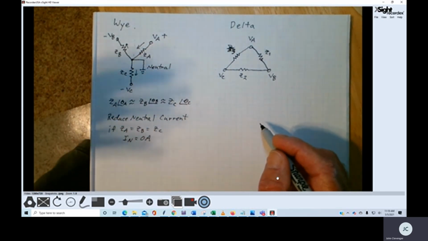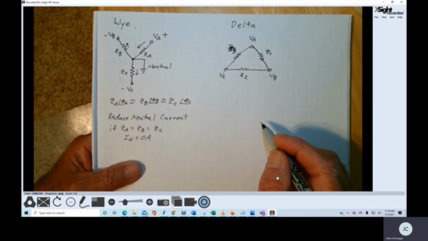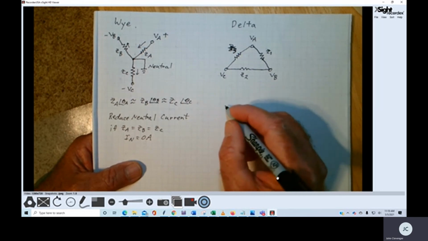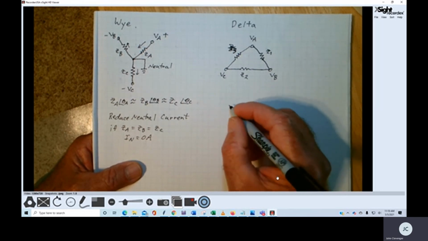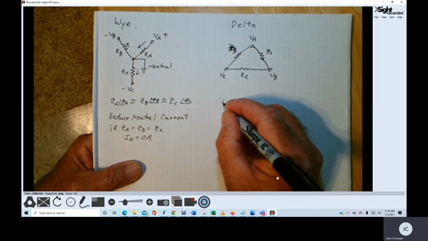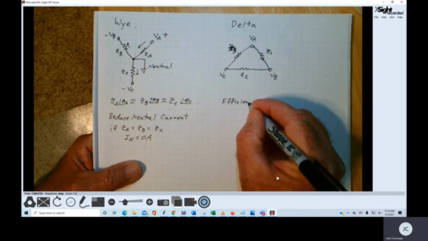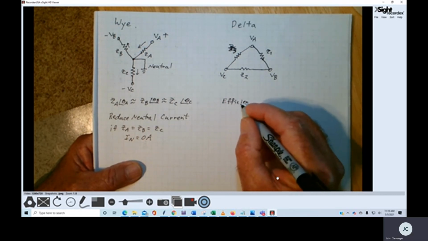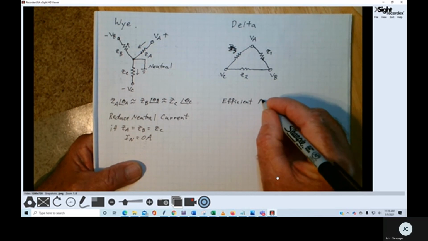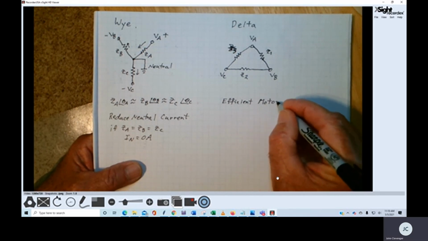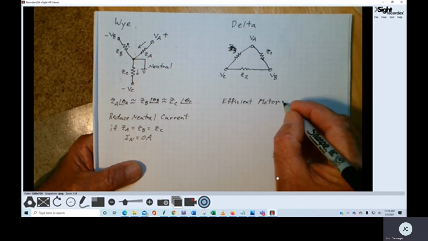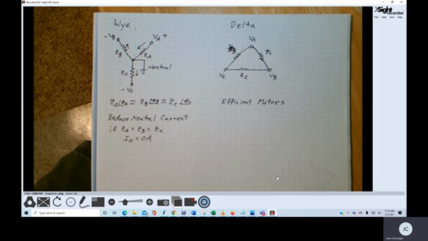Now, why do we do this? Well, one of the simplest reasons is that we can construct more efficient motors by applying 3 phases of electrical energy to a motor.